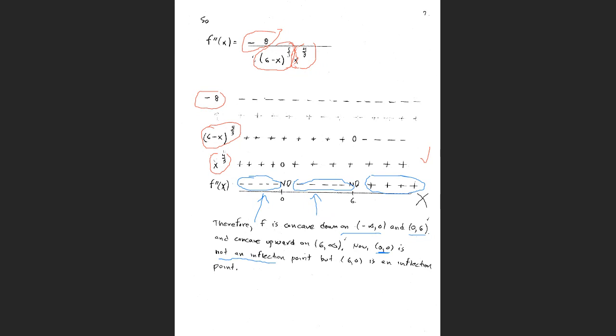Therefore, the function goes from concave down to concave up. And so there is an inflection point at (6, 0). Before that point the function's concave down, but after it, the function's concave up.